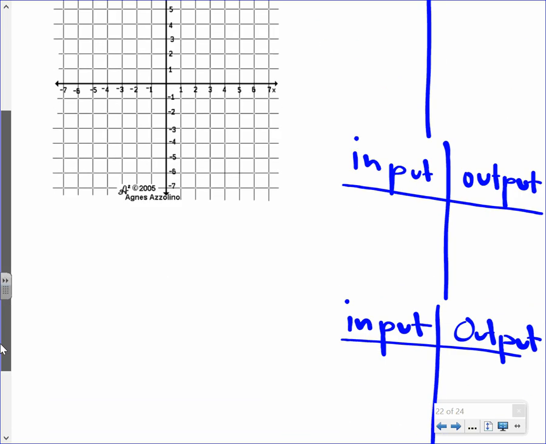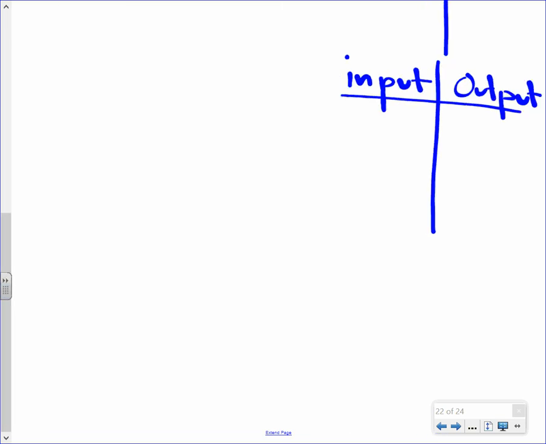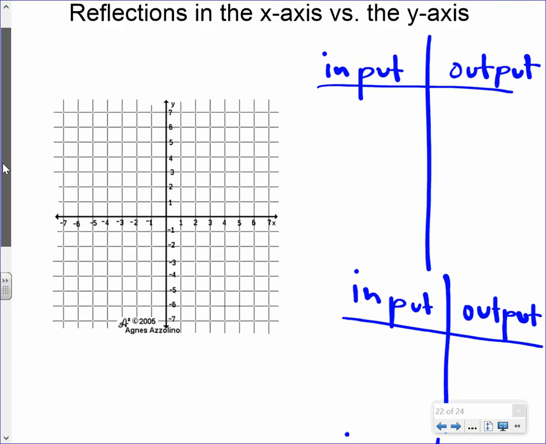Okay, everybody with me, I trust. Make 3 of them. So look, I got 3 input-output tables on the right side.